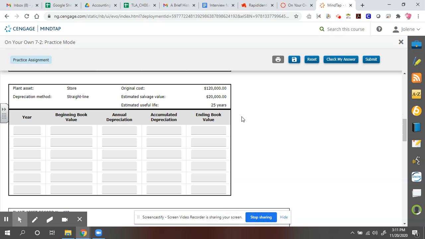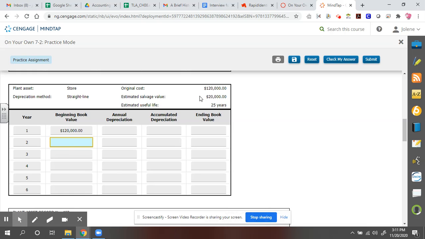Now we're going to go down here to the store, the actual store, and we've got year 1, 2, 3, 4, 5, 6. Originally cost $120,000. We are going to write it off to $20,000, which means subtract these two and you have $100,000.